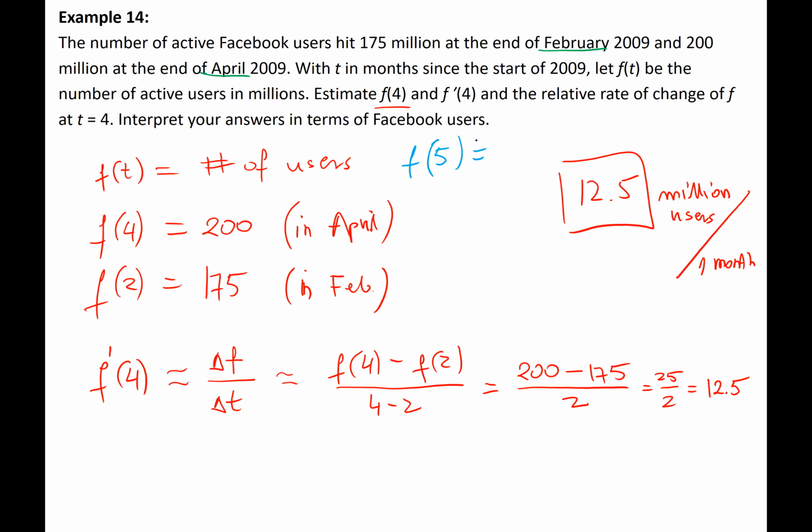Can you give me the estimated number of users in May? You will simply add 12.5 to 200, using the approximate rate of change, so 212.5 million users.